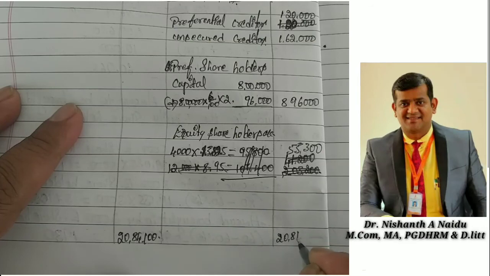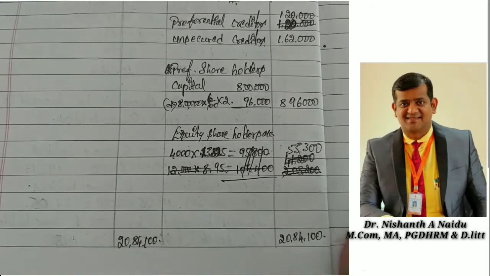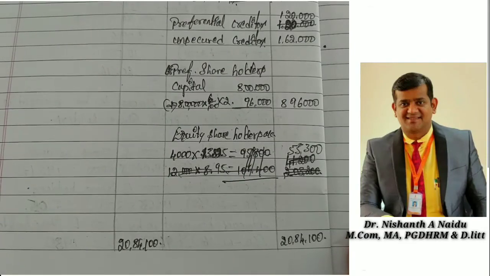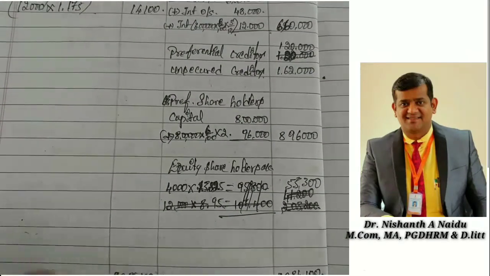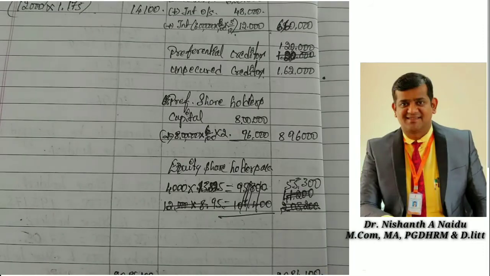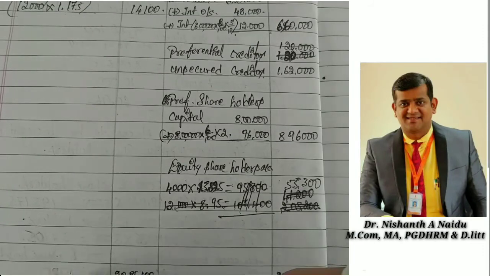Both sides total 20 lakh 84,100. So it tallies, and we are done with the problem and solution for illustration number 11.